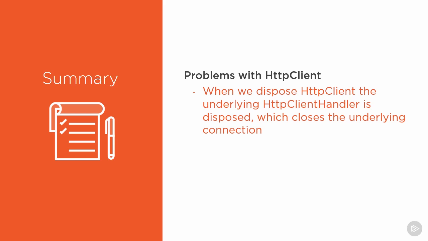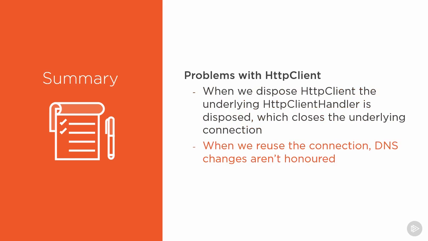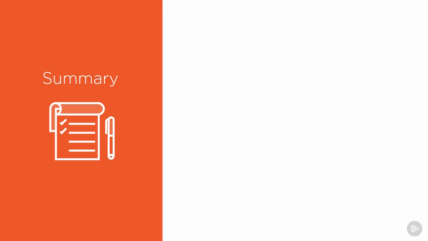On the other hand, if we keep on reusing the instance, the connection is reused as well. And that means that DNS changes aren't honored, which can result in our application trying to call an API through a URI that no longer matches the correct server. To solve these issues, Microsoft introduced the HTTP Client Factory.